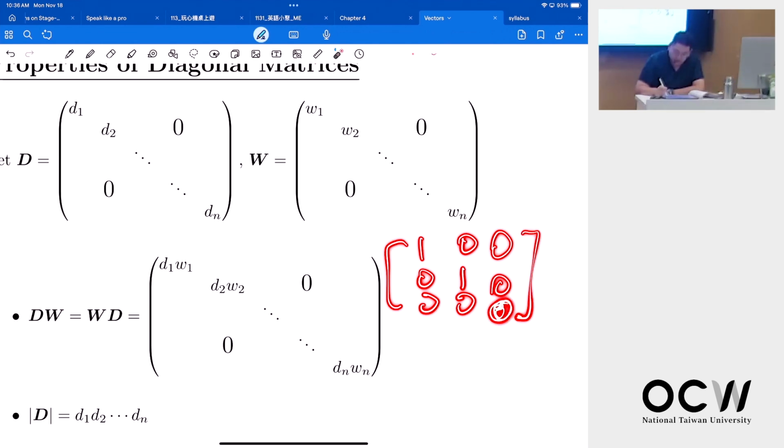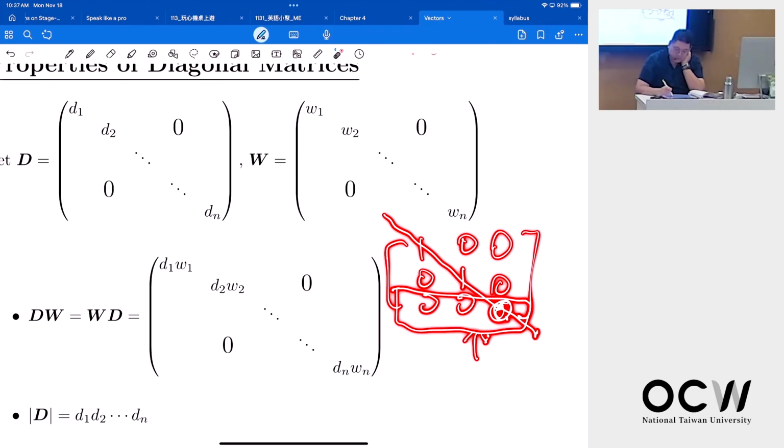Here is 0, but I only have values in the main diagonal elements. Others are all 0. This is also called a diagonal matrix. But this is not non-singular. It is singular because the last row is all zeros. Singular means that I cannot find the inverse matrix.